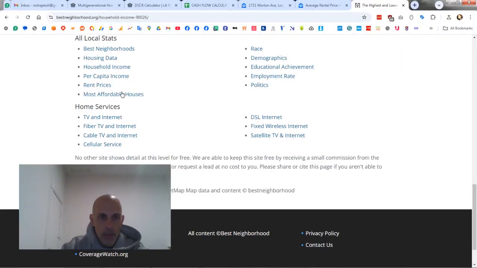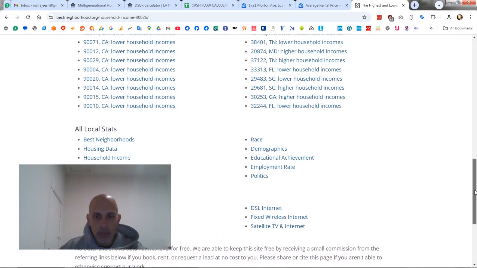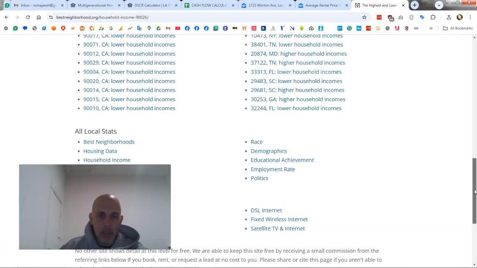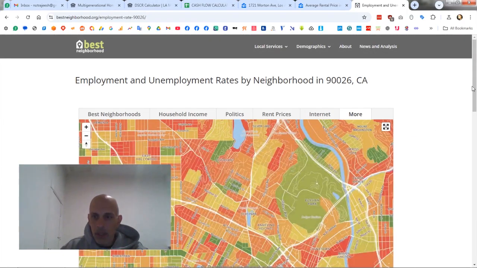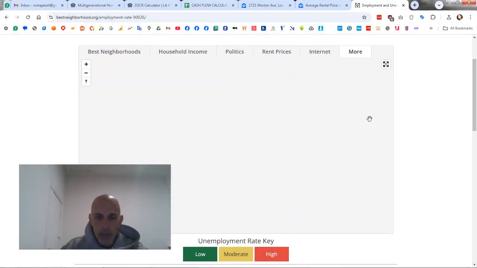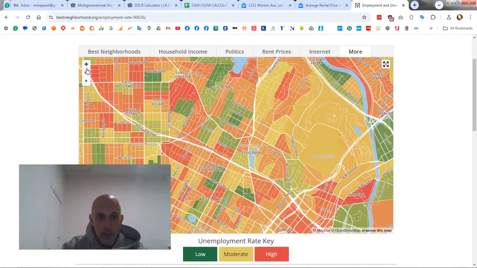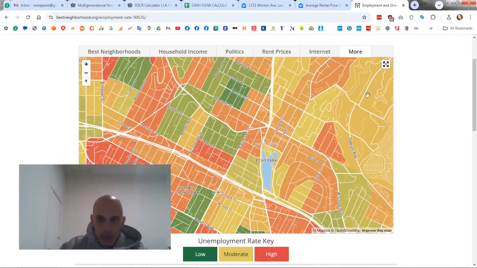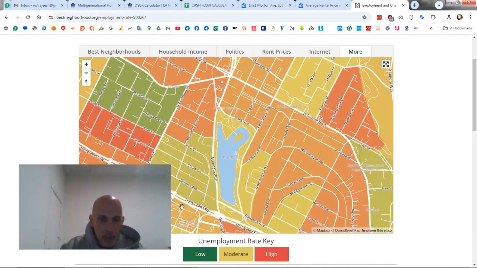Per capita, I was hoping to see something like crime rate. I guess they don't want to focus on that. Employment rate, that might be an interesting one. Let's pull this up. This looks like unemployment rate. I wish they'd move this over here, just keep it consistent. I hate when they have like different sides for the zoom buttons.